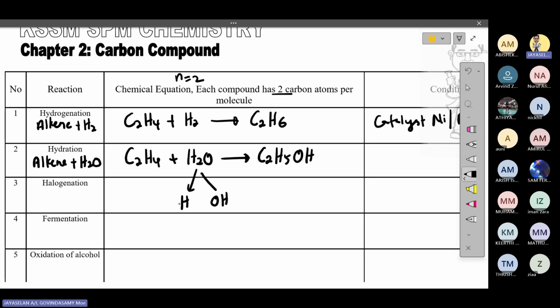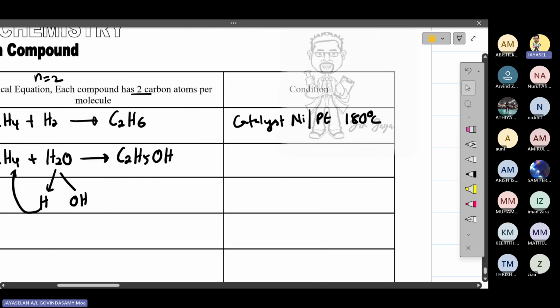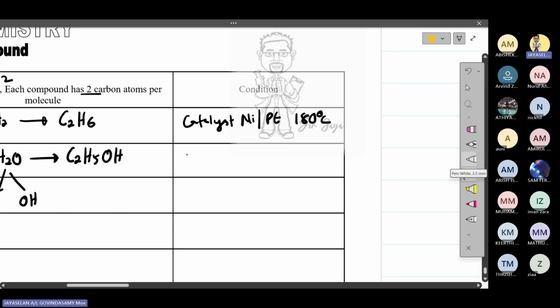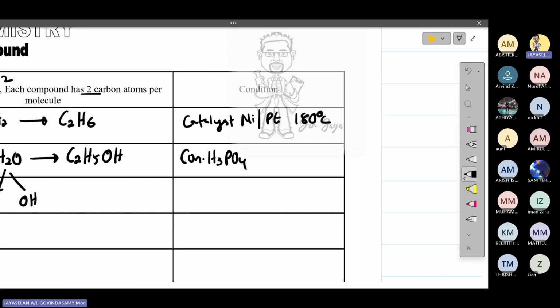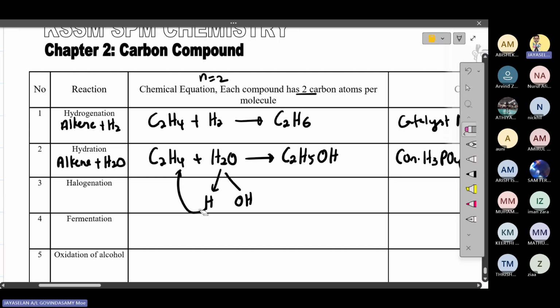The condition required: concentrated phosphoric acid, 300 degrees Celsius, 60 atm. You must memorize this. Any question? No question.